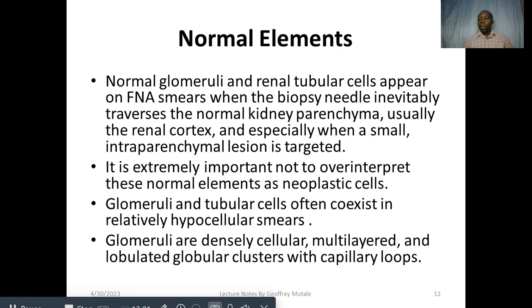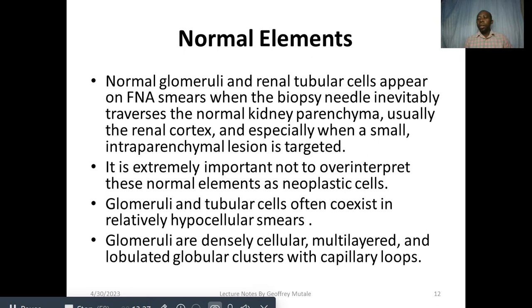So the normal glomeruli and renal tubular cells appear on FNA smears when the biopsy needle is inevitably transverse. The normal kidney parenchyma will appear, usually the renal cortex, especially when a small intraparenchymal region is targeted.